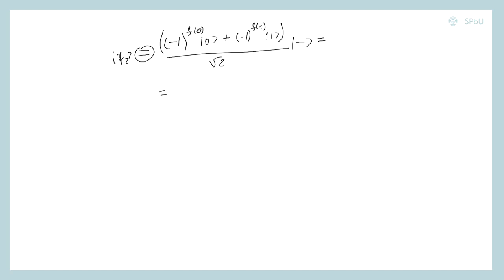And if we take out the phase factor, we can write the following: minus 1 in the power of f of 0, state 0 plus minus 1 in the power of f of 0 plus f of 1 on the state 1 divided by square root of 2 and on the Hadamard state minus.